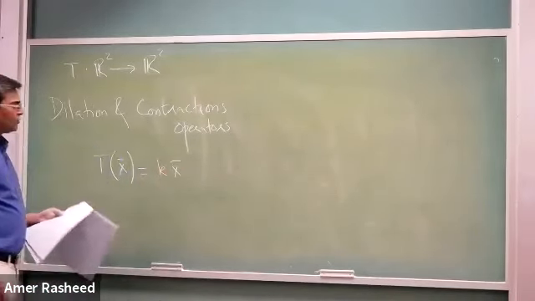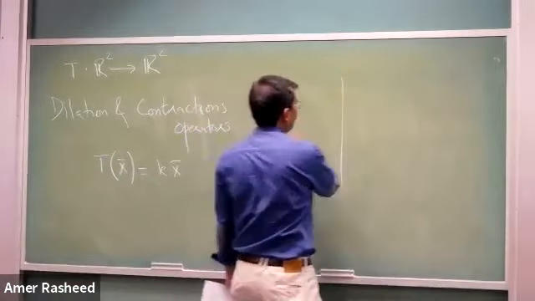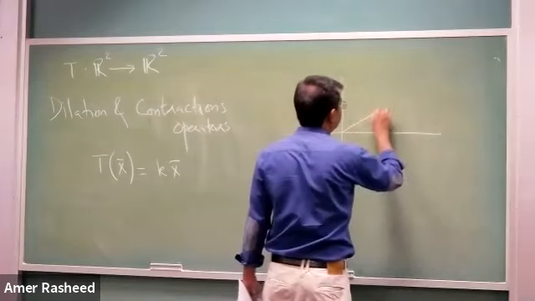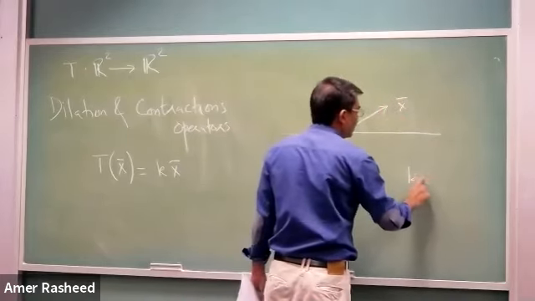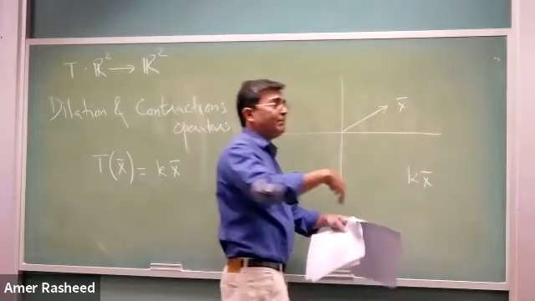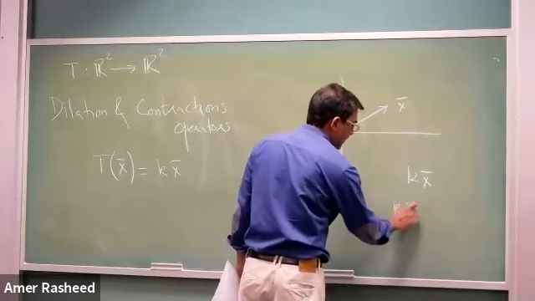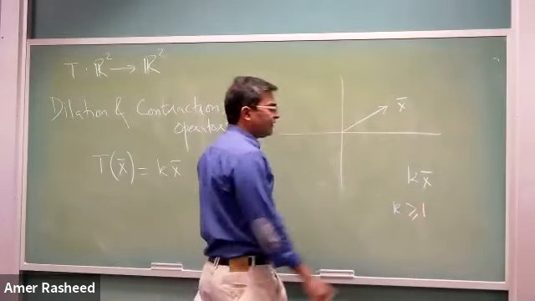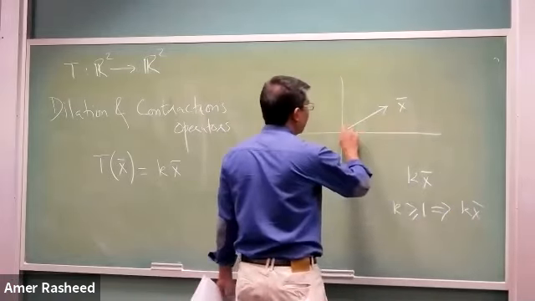P of x equal to k times x. It means if you have any vector x here, then k times x will be what? If k is greater than 1, k times x will be a bigger vector.